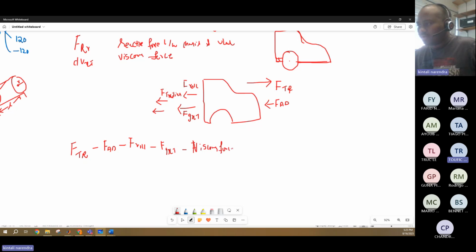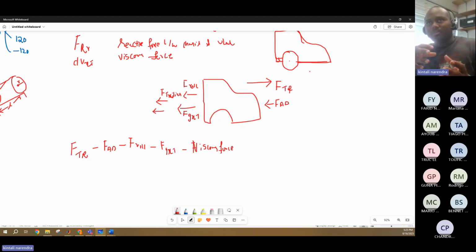Where is the viscous force coming from? It is because of the contact between the wheel and the air.